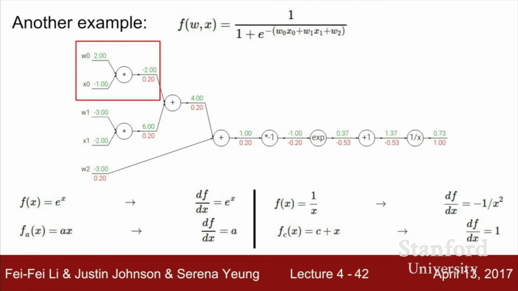We have a few more gradients to fill out. Moving back, now we've reached W0 and X0, and here we have a multiplication node. We saw the multiplication node from before: the gradient with respect to one of the inputs is the value of the other input. So what's the gradient with respect to W0?